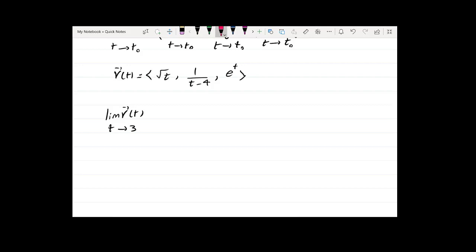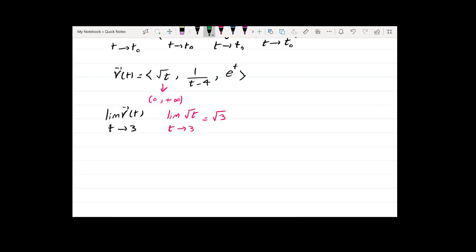Let's check each component. As you know, square root of t is continuous at all real numbers that are strictly greater than 0. So the limit of square root of t when t approaches 3 exists and is equal square root of 3.